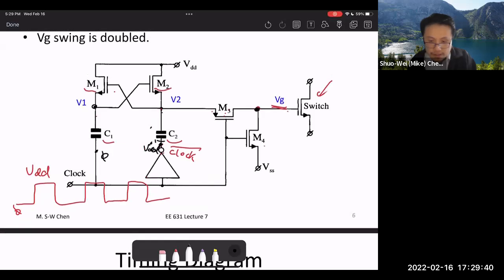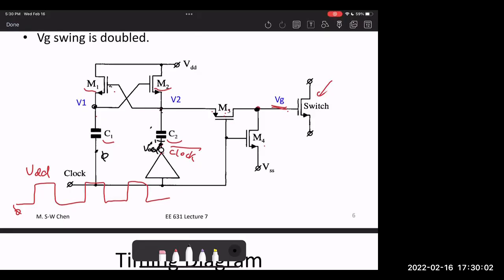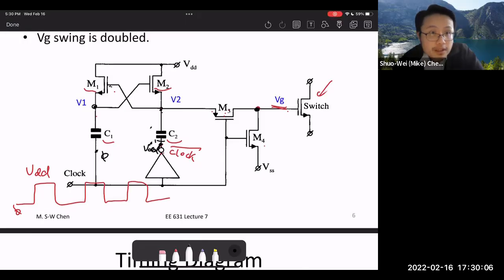So when V2 is VDD, what is V1 in that case? V2 goes to the gate of M1. M1 transistor is an NMOS, right? So if the gate of the M1 transistor is VDD, what happens to the V1 node? It will start to increase because the device will be on, right?